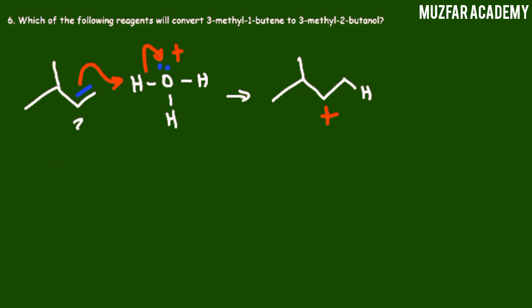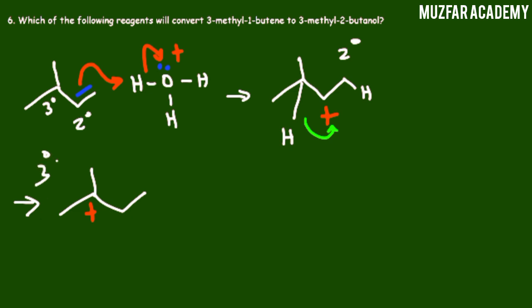Now, because this secondary carbon is adjacent to a tertiary carbon, we're going to get something known as a hydride shift. So we're going to get a carbocation rearrangement. The driving force for that rearrangement is going to be increased carbocation stability.